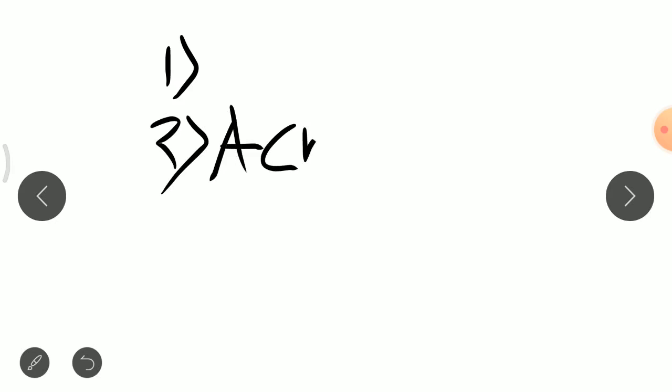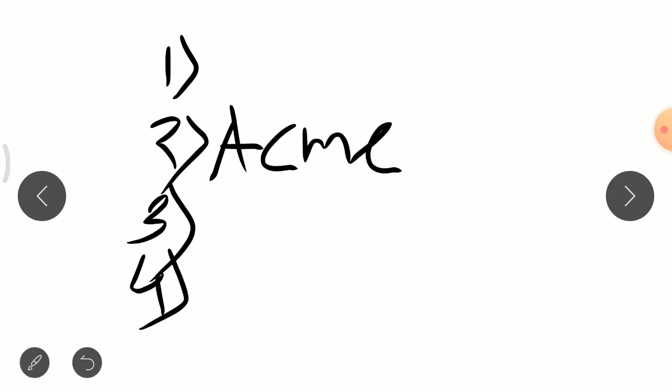First one is the Whitworth thread, that is BSW threads. Second one is the Acme thread. Third one is the buttress thread. Fourth one is the square thread.